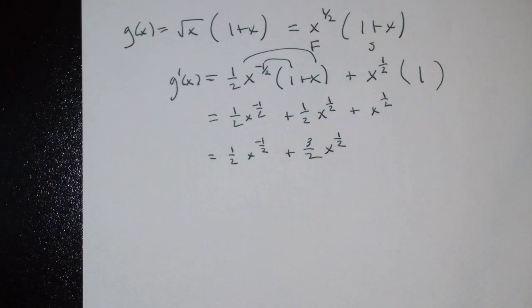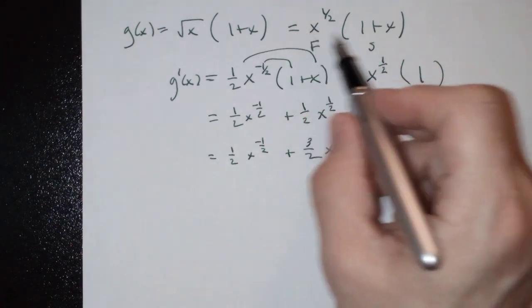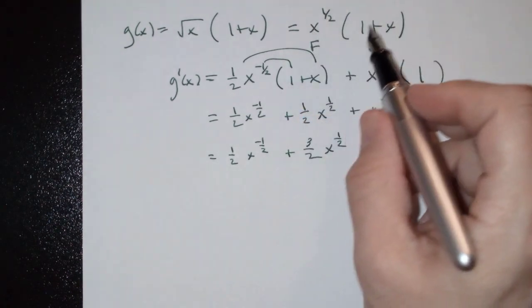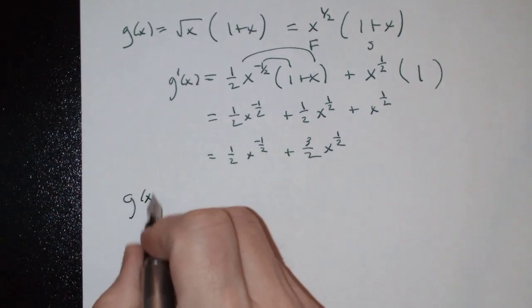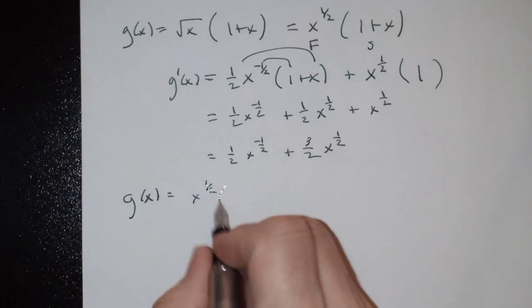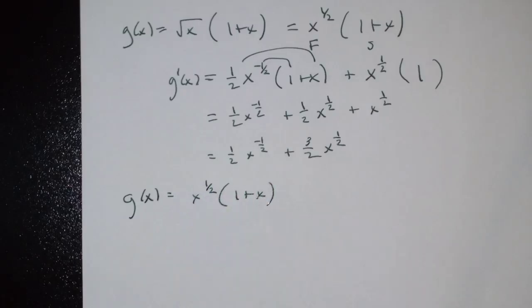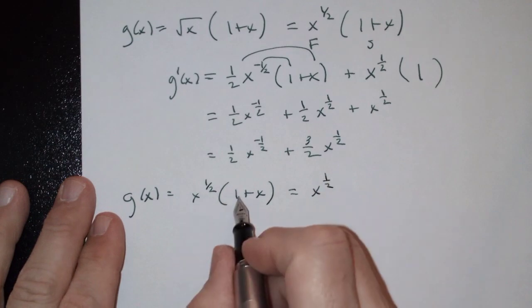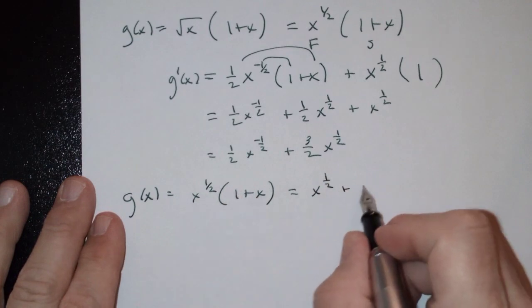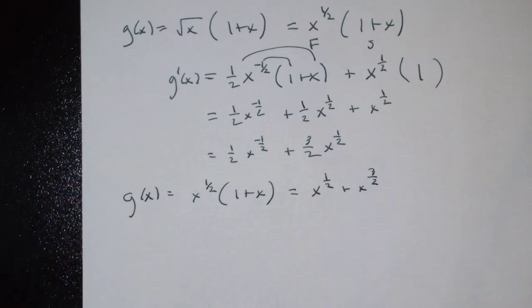Here's the other way to do it. The other way to do it is to take this and multiply it out. If I distribute here, I get x to the 1/2, and then I get x to the 3/2, because it's a 1 plus a 1/2.